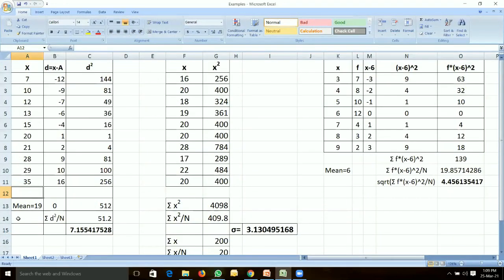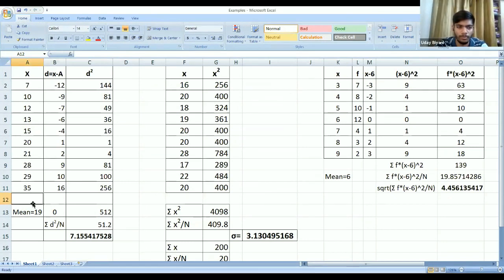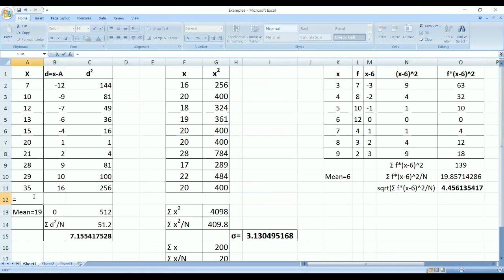If you can see the Excel screen, let me share again. See, equal to average, double click, okay. Then you have to choose this row up to 35, means A2 to A11, and complete the bracket.